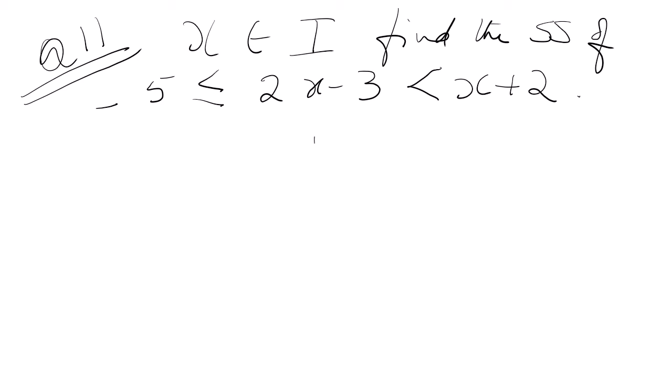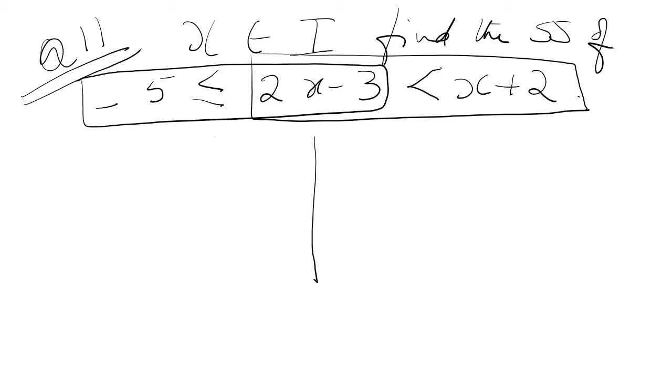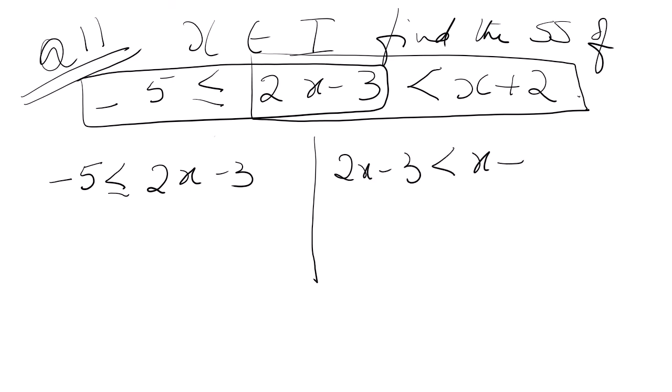You have to draw a line, and this is one part of the inequation, and this is another part. The first part you will write here, minus 5 is less than or equal to 2x minus 3, and the other part is 2x minus 3 is less than x plus 2.